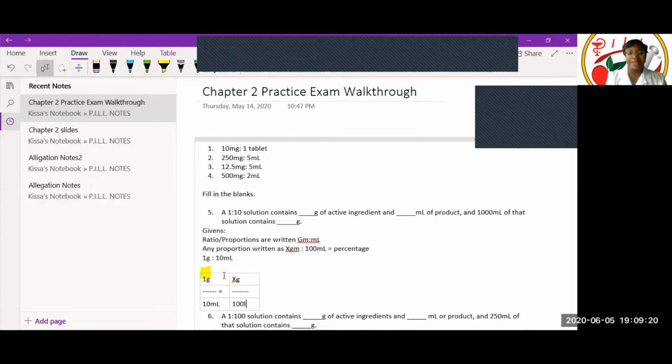You can rewrite it in the form of a proportion and set them equal to each other. So our first value, the given information we have, is 1 gram per 10 milliliters. Set it equal to our unknown value of grams per, excuse me, 1,000 milliliters. That's what the equation is.